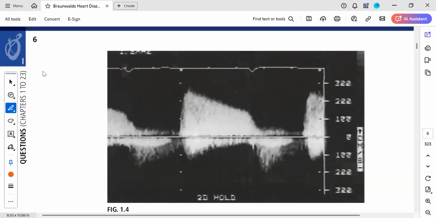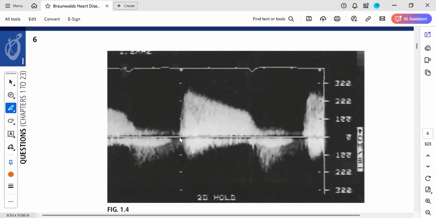Now, below the baseline is the spectral tracing of a mitral regurgitation that occurs at systole. If you trace the spectral tracing above the baseline, it will give you an idea about the pressure gradients. It can give you information about the maximum velocity.